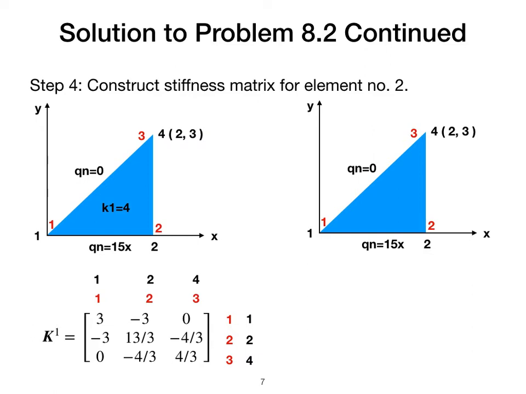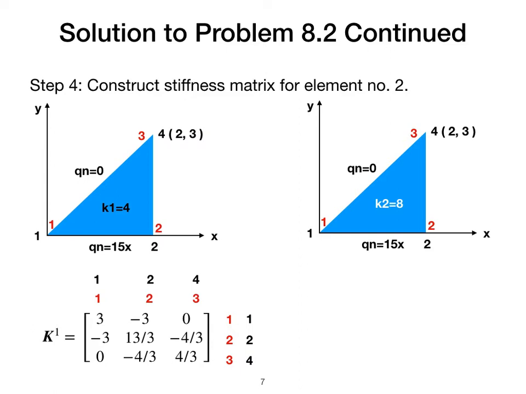First thing is the conductivity. Instead of K1 equal to 4, we have K2 equal to 8. And second thing is, the second element is a mirror image of the first one. So let's look at it one by one.